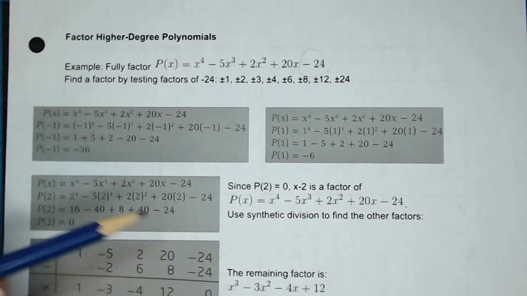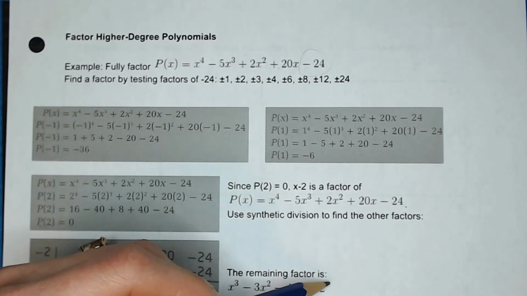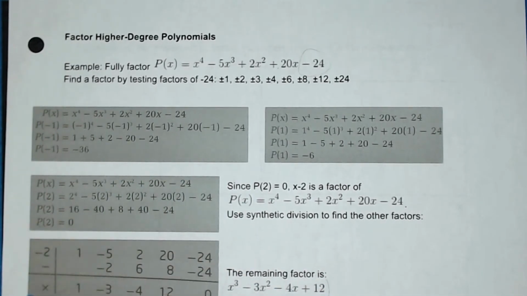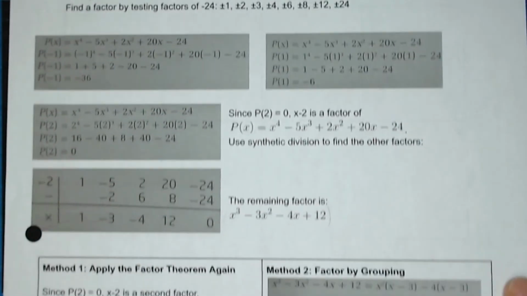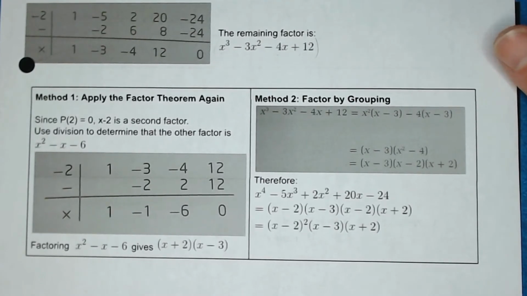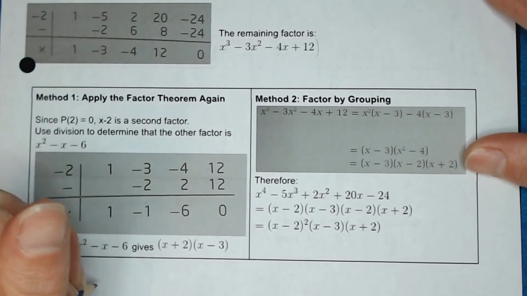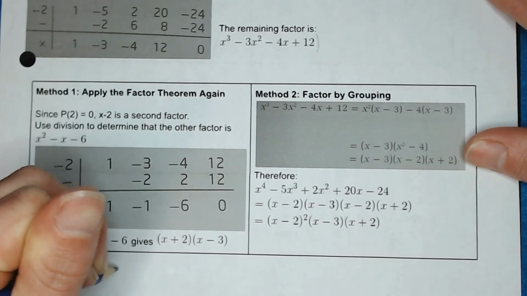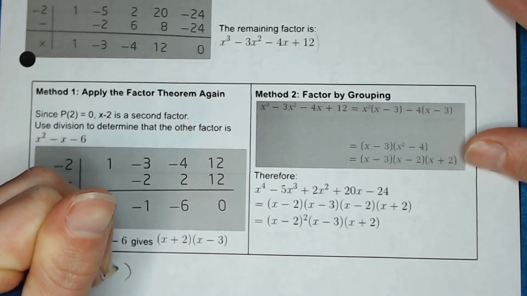And we get a cubic function here. Once you have that, you can go back in because what we're trying to do is find all the factors of the polynomial. So we now know that x minus 2 is one of the factors.